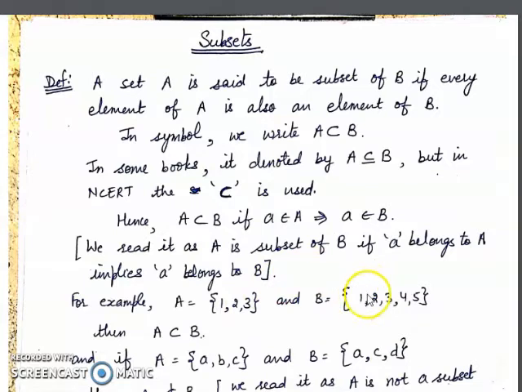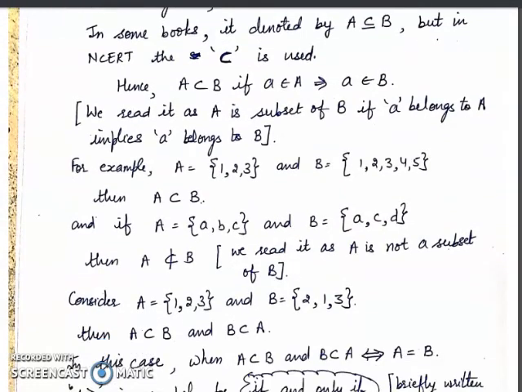Take one more example. Suppose A is a set containing elements a, b, c and B is a set containing elements a, c, d.